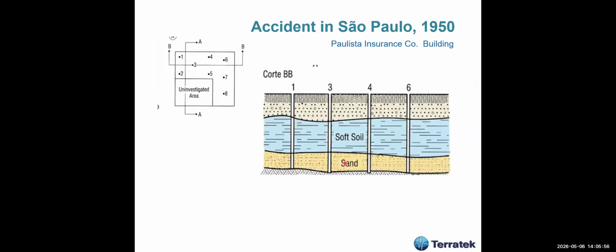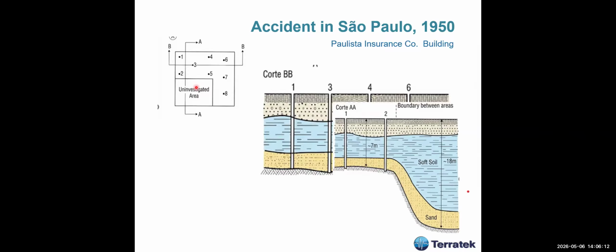So they had the soft soil, sand, etc., and they didn't have time to investigate this area. This is reported in this paper. And then when they did the same type of foundation there, that's what happened in this area. Section AA shows the soft soil here is much deeper, and they incurred lots of problems.